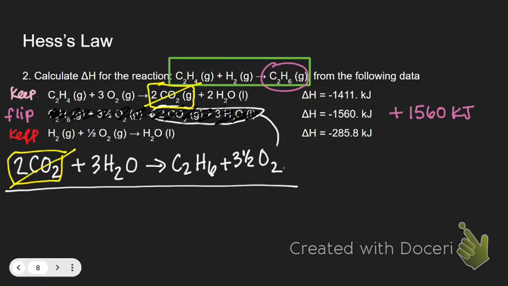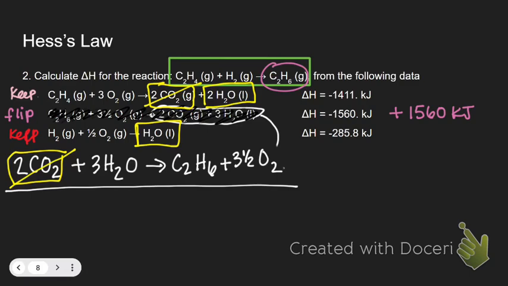For water, we have, let's see. So we have 3 waters here. We have 2 plus 1. So that's 3 waters on the product side.